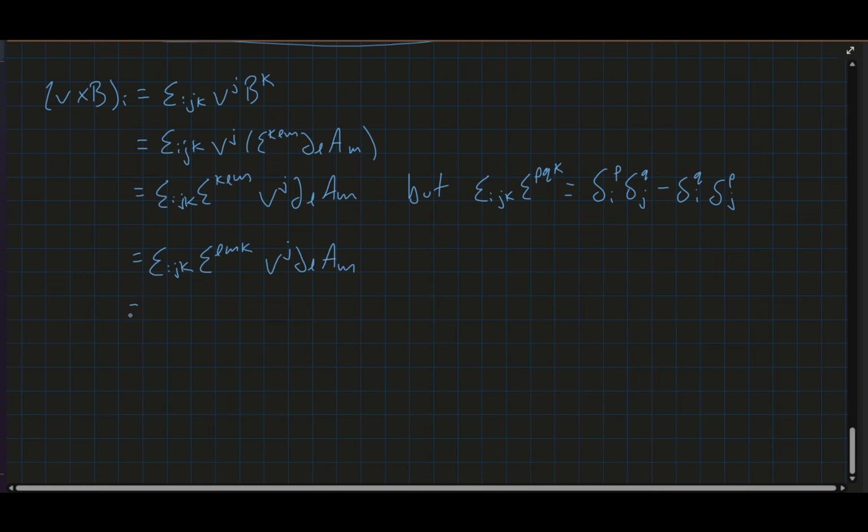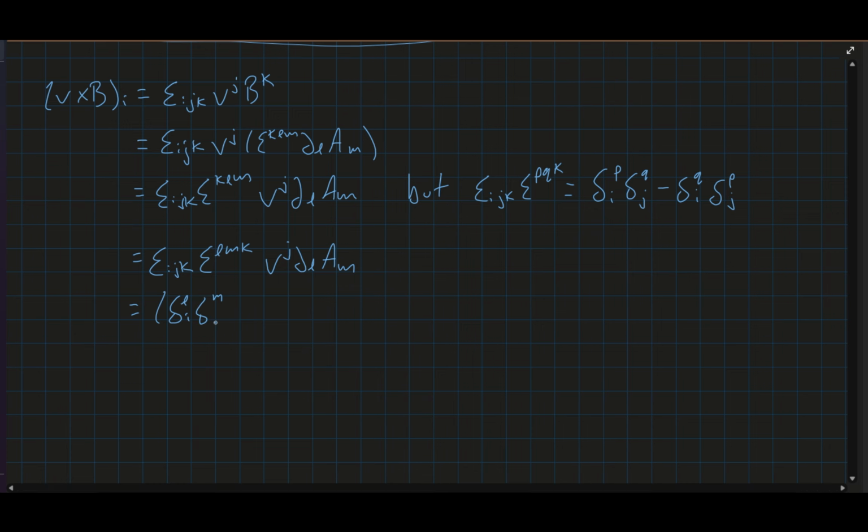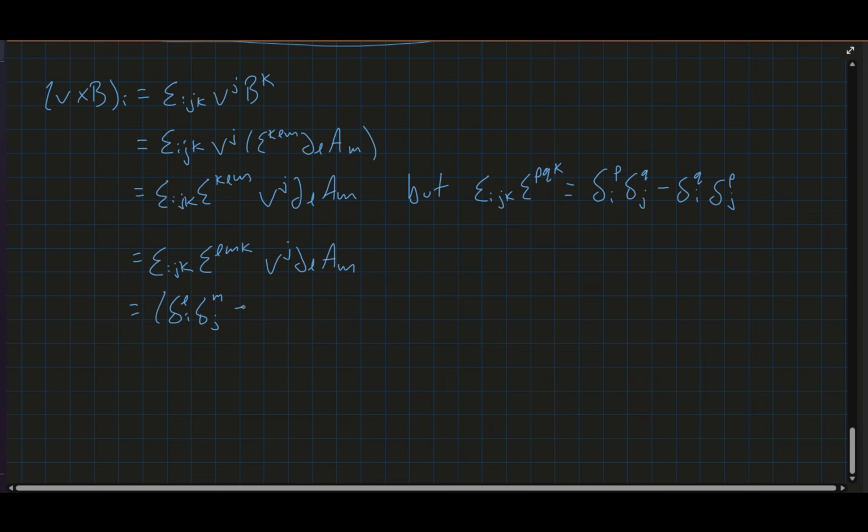So let's go ahead and put in the deltas that we get from these epsilons now: delta_LI delta_MJ minus delta_MI delta_LJ, times V_J del_L A_M.